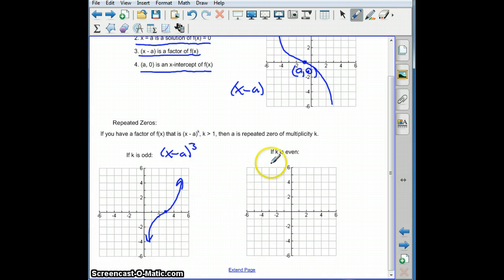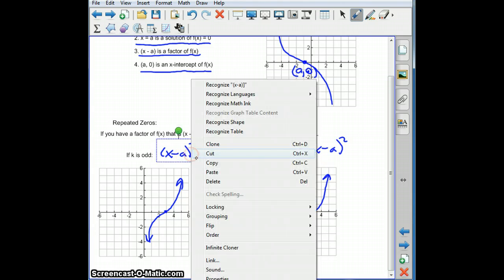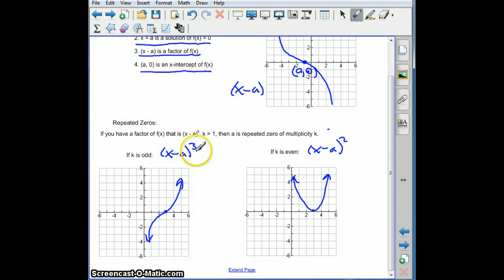But if k is even, say x minus a is squared, so here's a right here, what happens is it's just tangent to the x-axis. It touches it at just that one point, and then it turns around and goes back up. So it does not cross the x-axis if k is even. We say that this factor has a multiplicity. This factor has a multiplicity of 3, and this factor has a multiplicity of 2.